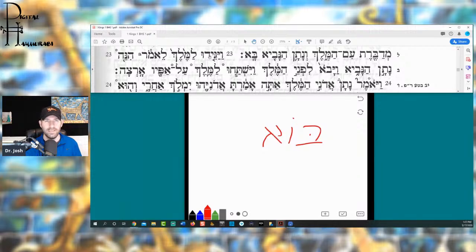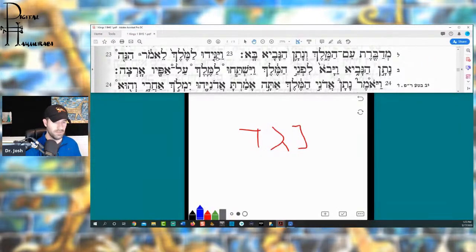So, and they told, from nagad. Notice your form here. Nagad, when you put this into the Hifil imperfect, let's just do this. The form that you get is for the first common singular, and then you want to add that to the root.